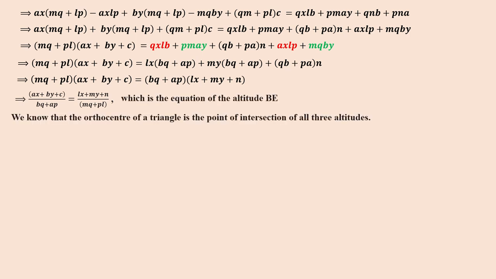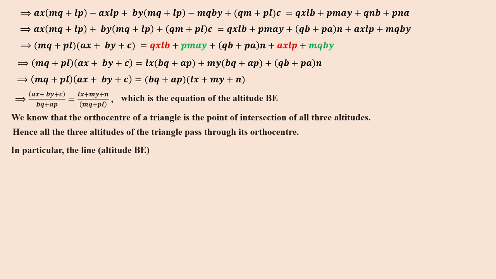We know the orthocenter of the triangle is the point of intersection of the three altitudes. Here BE is an altitude, so definitely the orthocenter should be on BE. So (Ax plus By plus C) by (BQ plus AQ) equals (Lx plus My plus N) by (LP plus MQ) passes through the orthocenter. Thanks.